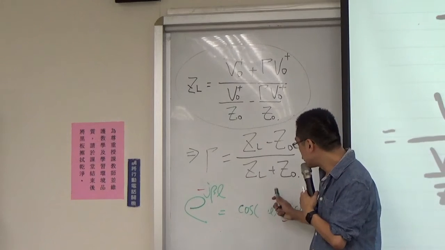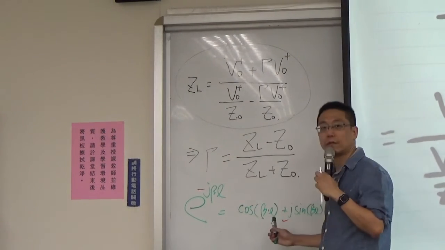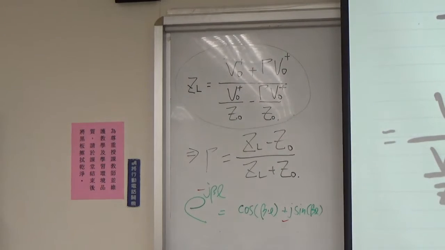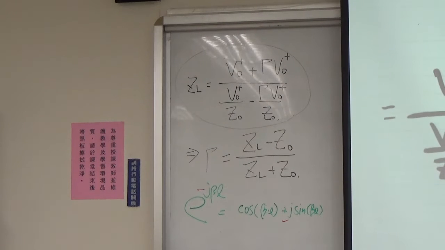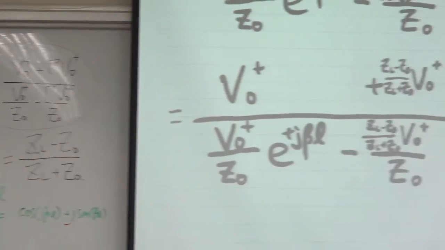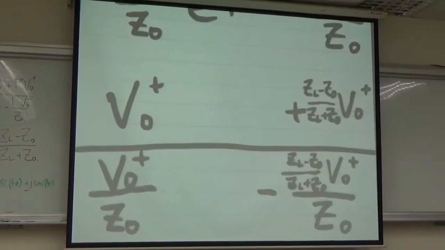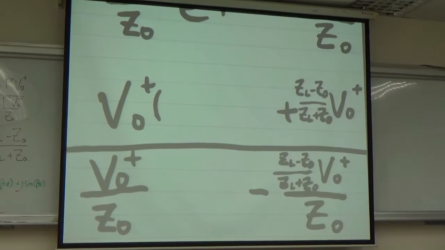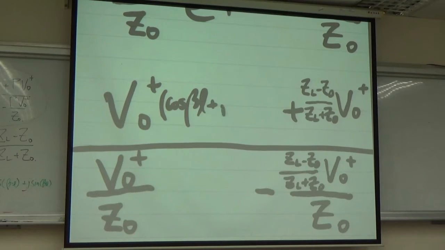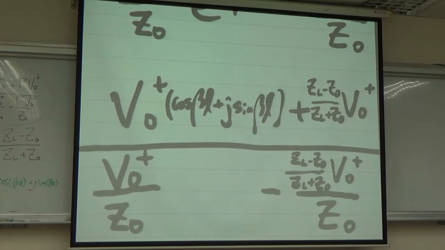You should use beta. Okay? So you can change this one. Cosine beta L plus j sine beta L.